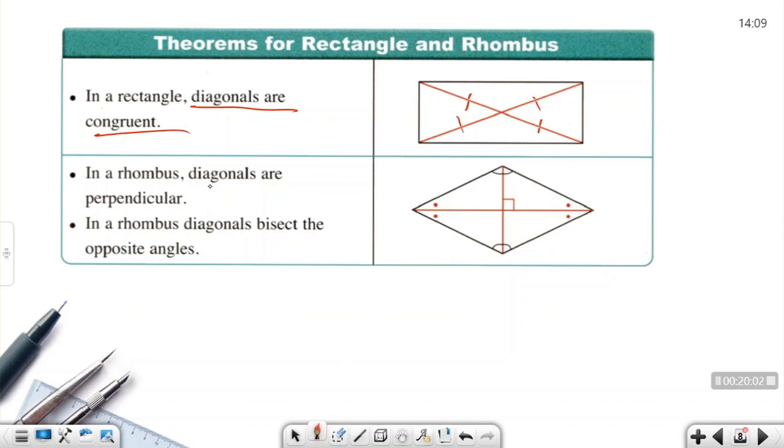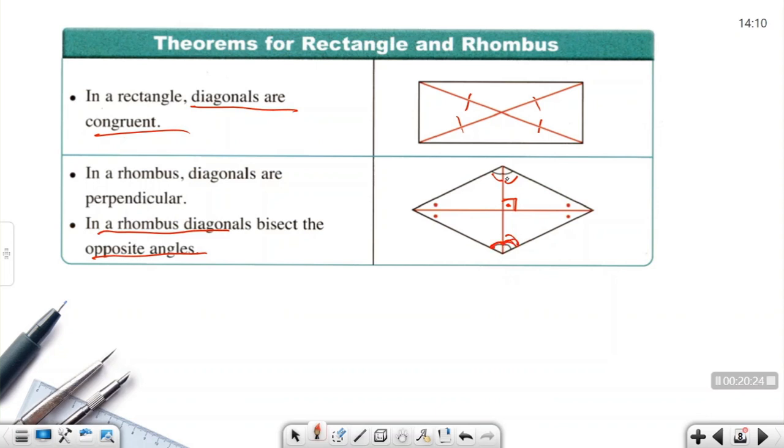That's one easy. But let's talk about this rhombus. Diagonals are perpendicular, so if it's a rhombus, this angle must be 90 degrees. In a rhombus, diagonals bisect opposite angles. As you see, these angles are congruent and these angles are congruent.